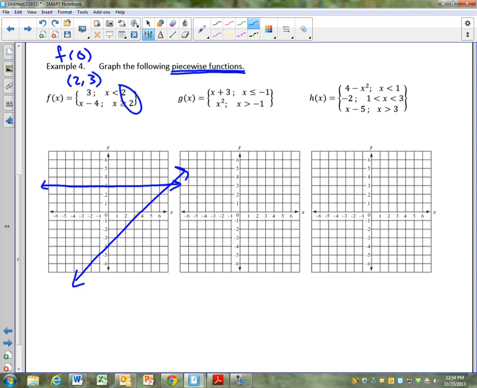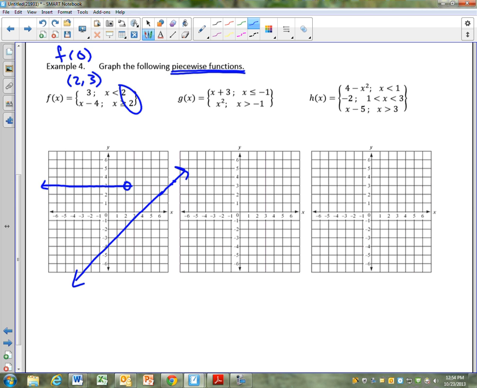Do you think that will be an open circle or a closed circle? Open. So I'm going to plot the point 2, 3. Notice it's an open circle. I'm going to erase everything after that, because we're only talking about values that are less than 2.